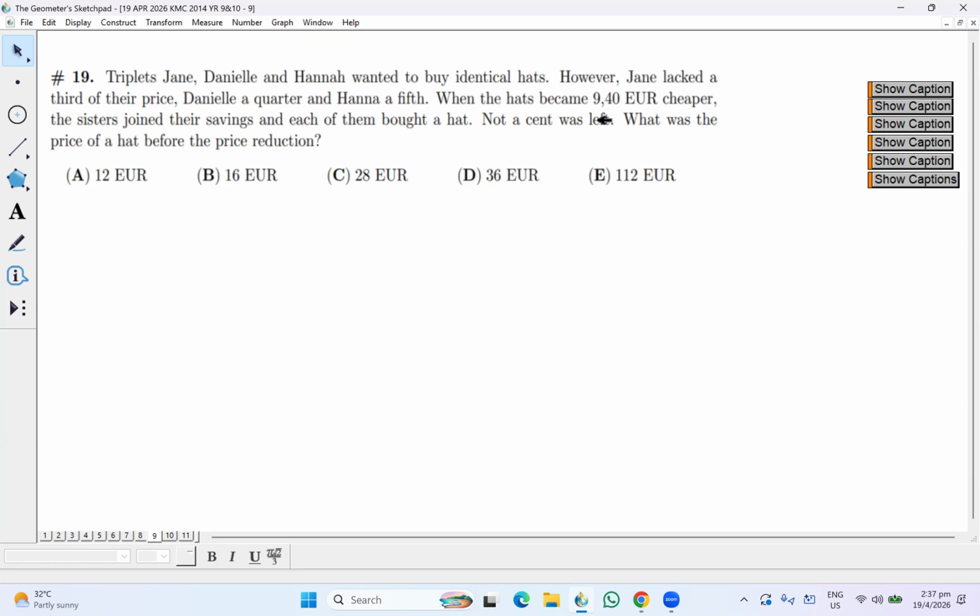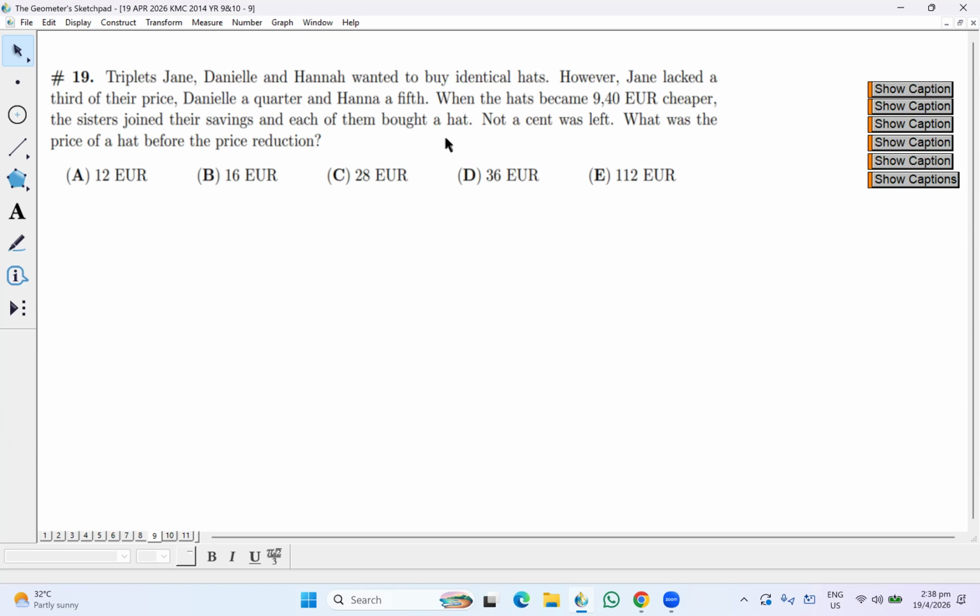When the hats became 940 euro cheaper, the sisters joined their savings and each of them bought a hat. Not a cent was left. What was the price of a hat before the price reduction?